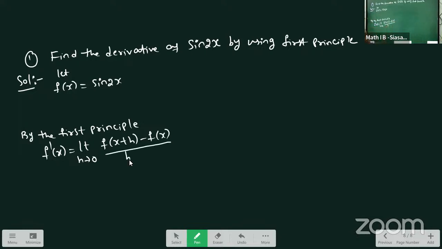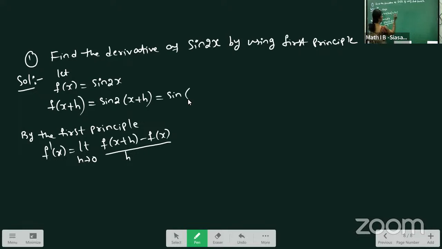So if you observe, f of x value is given in the question and we need to find out f of x plus h. In the gap, find out f of x plus h. Means x is replaced by x plus h. Sin 2 as it is, instead of x, we have to take x plus h. This part, if you observe, it is easy to substitute the remaining part.